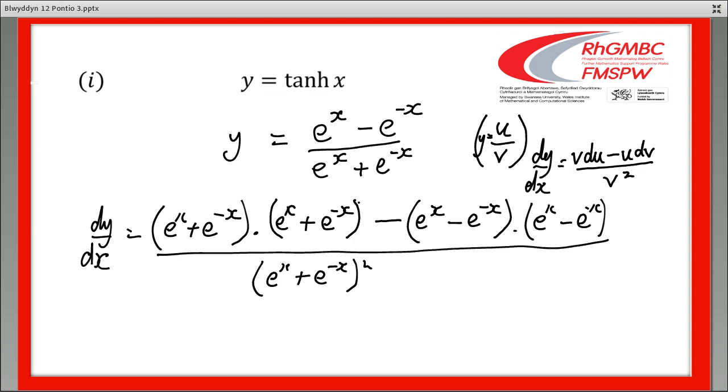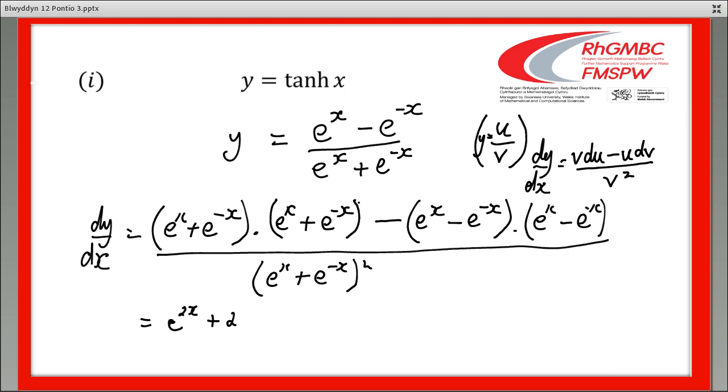Now at the moment, I am not going to work out the denominator. I am not going to expand the brackets. My attention is totally focused on the numerator. So expanding the first two brackets will give me e to the 2x then plus 2, because we're multiplying e to the power of x times e to the power of minus x.